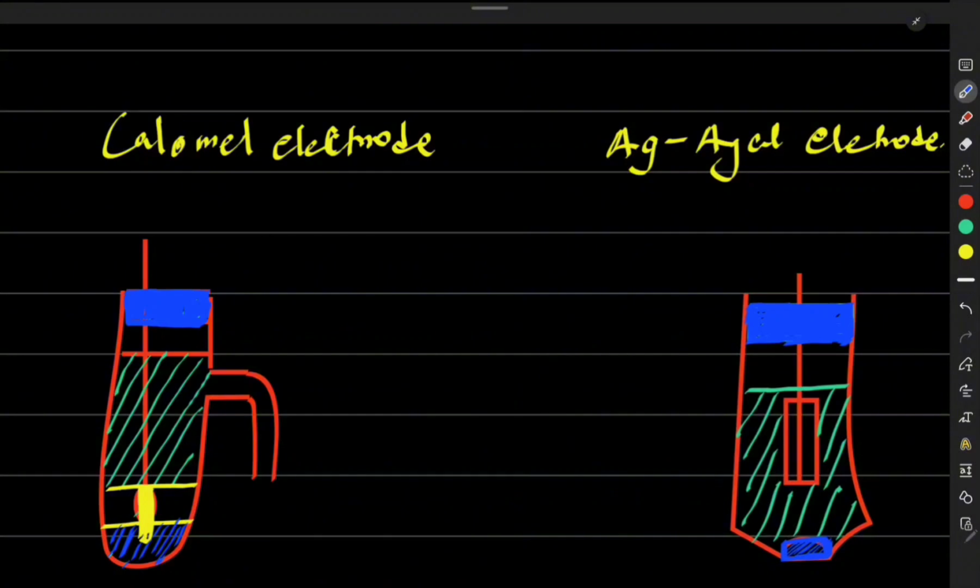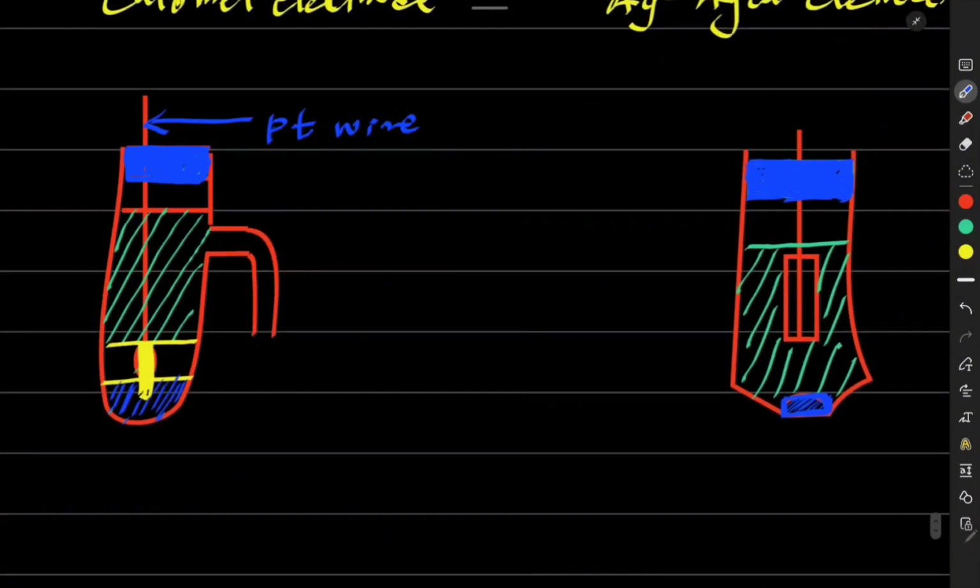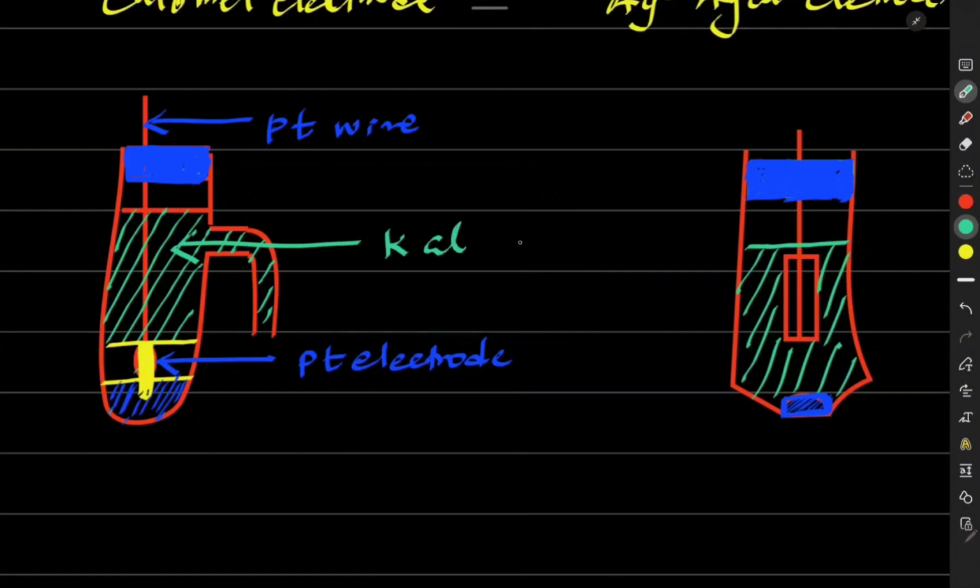Let's identify the parts. This is a Pt wire, platinum wire, and this is the Pt electrode. The green thing is KCl solution, saturated KCl solution. This is also KCl solution.